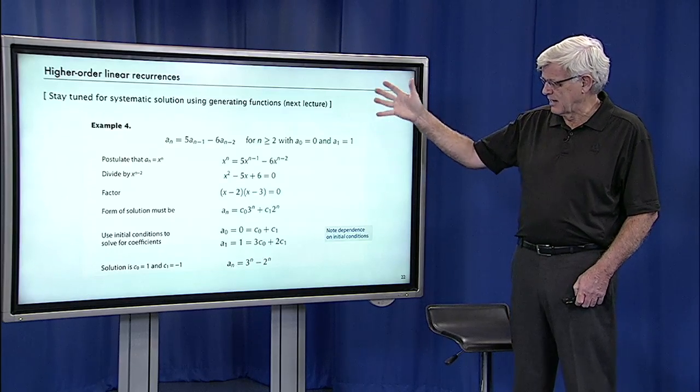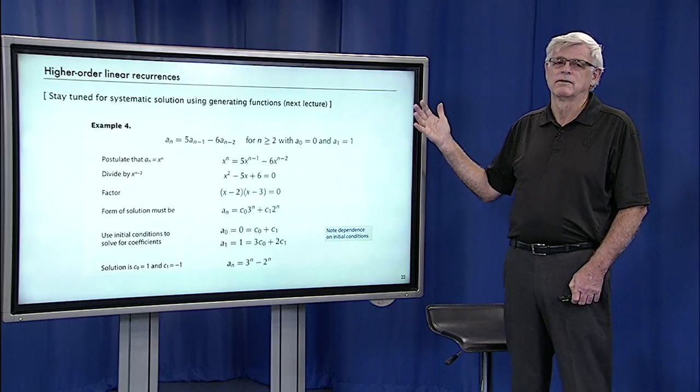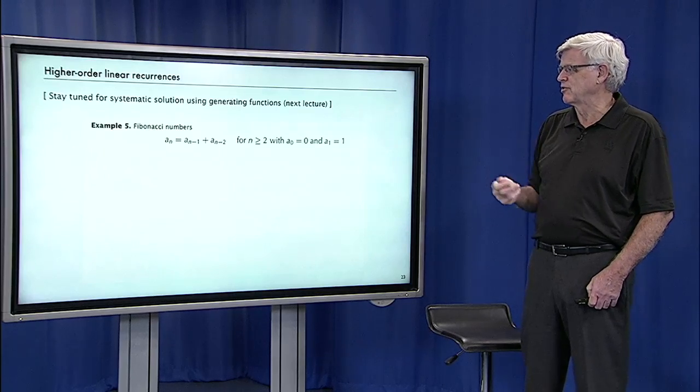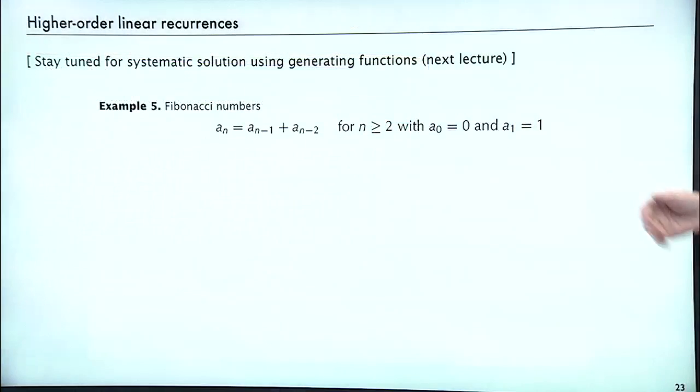And that kind of technique is going to work for any second order linear recurrence with constant coefficients, like the Fibonacci numbers. Fibonacci numbers, the same setup, but the coefficients are both 1.